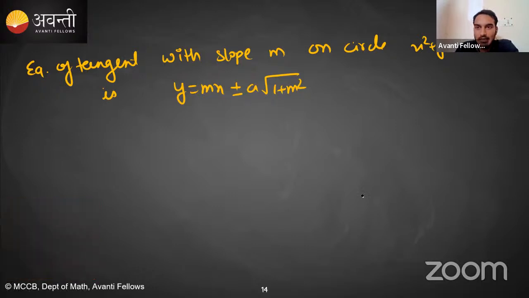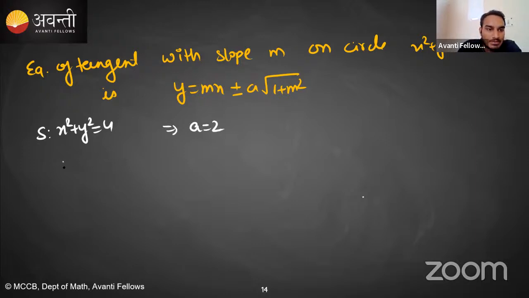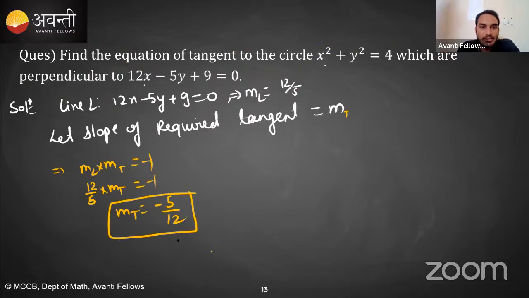And from this example, our circle is x square plus y square is equal to 4. So it implies a is nothing but 2, and the slope of the tangent is minus 5 by 12.